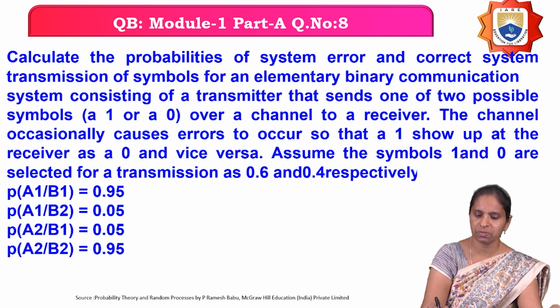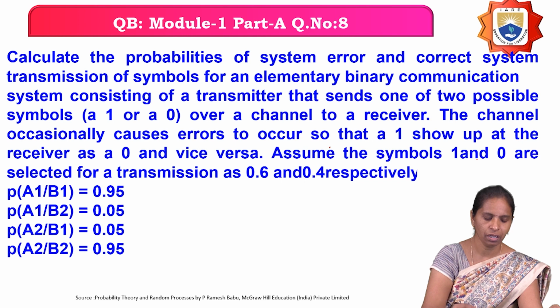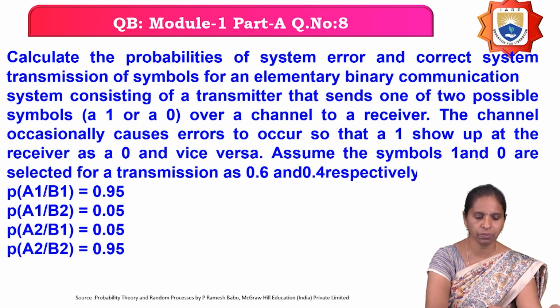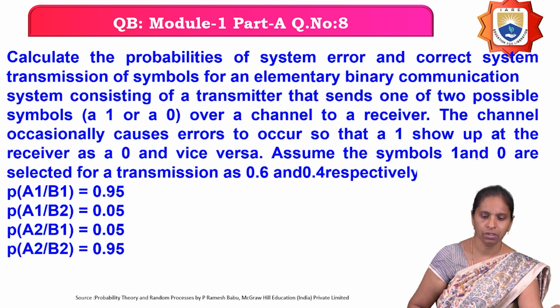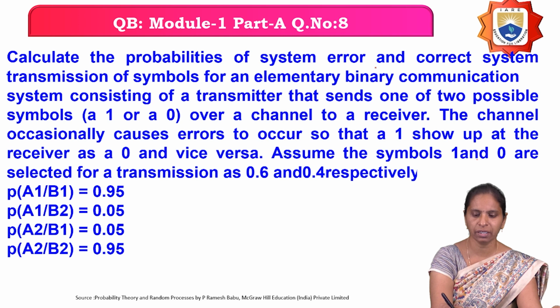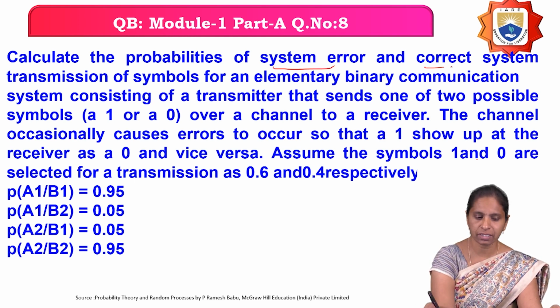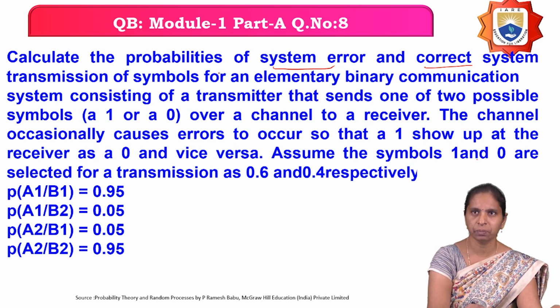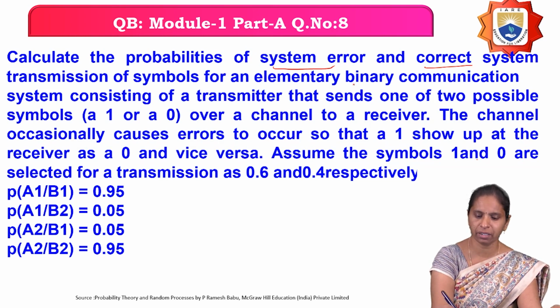Assume the symbols 1 and 0 are selected for transmission with probabilities 0.6 and 0.4 respectively, and they have given the probabilities: P of A1 by B1 is 0.95, P of A1 by B2 equals 0.05, P of A2 by B1 is 0.05 and P of A2 by B2 equals 0.95. So what you have to calculate is the probabilities of system error and correct system transmission of symbols for the binary communication system.